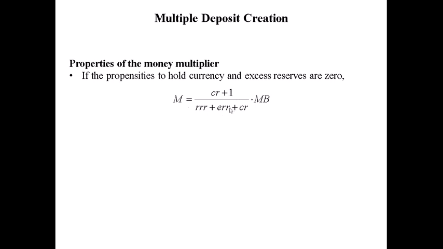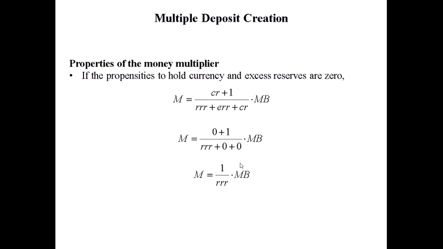Notice what happens if we assume the currency ratio is 0. So firms and individuals want to hold 0 currency. That would be 0, and this would be 0. And then we assume that banks don't want to hold any excess reserves. They're going to loan out all available reserves. We'd end up with this equation here. So we got 0, 0, and 0.